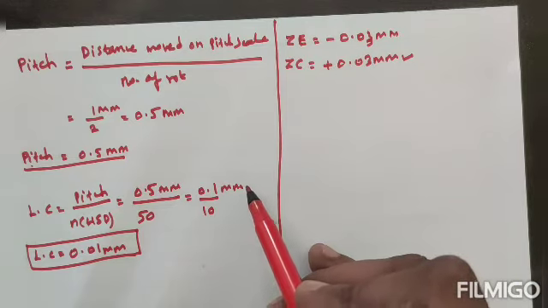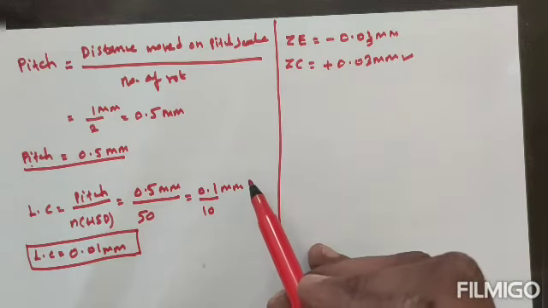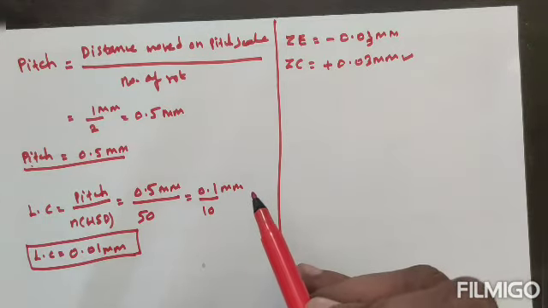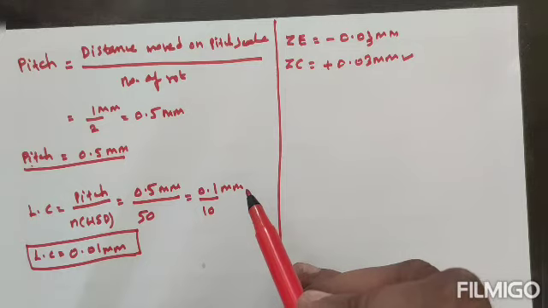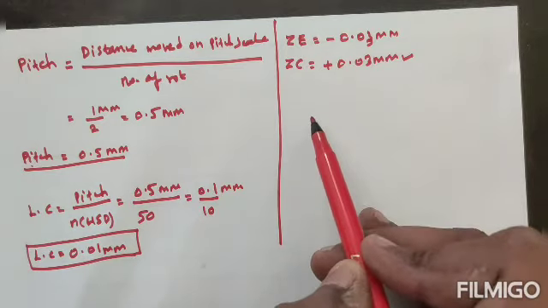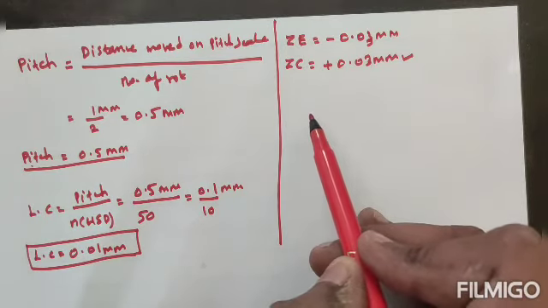Next, again I read the question. While measuring the diameter of the thin wire, a student notes that the main scale reading is 3 millimeter. The main scale reading means what? That is the pitch scale reading.